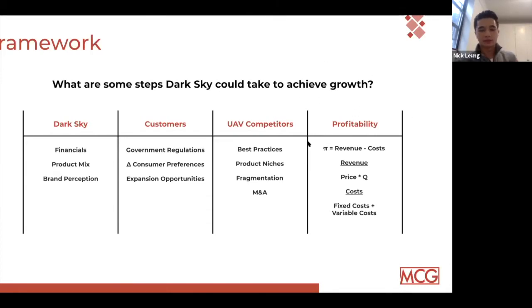Say, for example, you think the answer lies within profitability. You could say, we want specific data on revenue. You could say, do you have any data on revenue and costs of their current product line? Things like that, right?